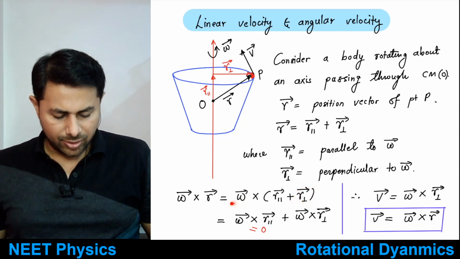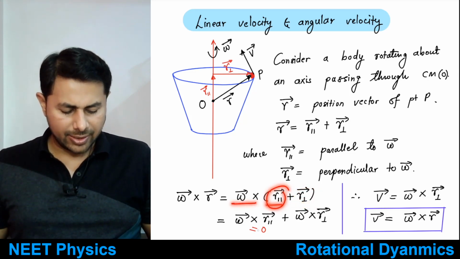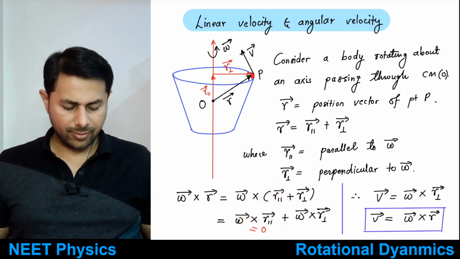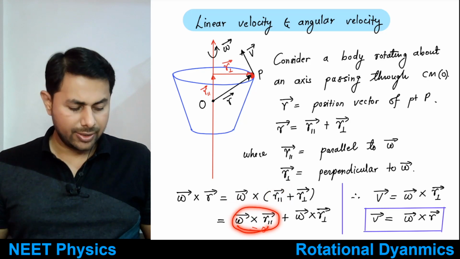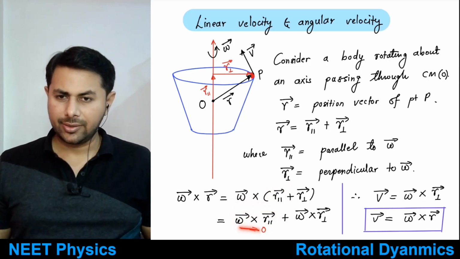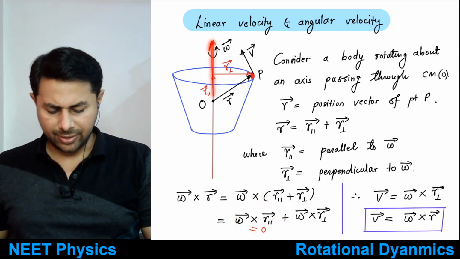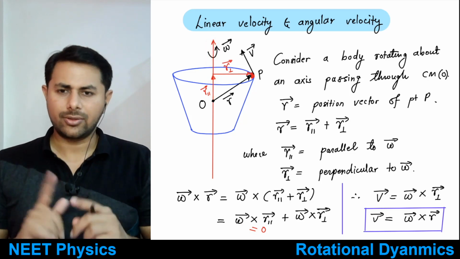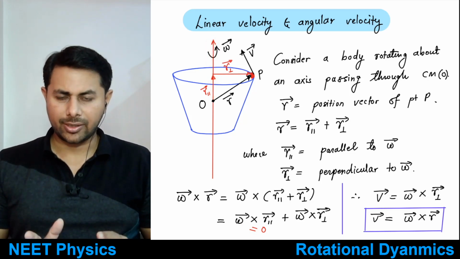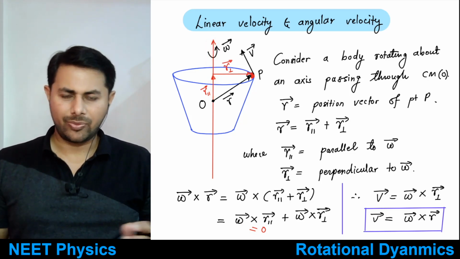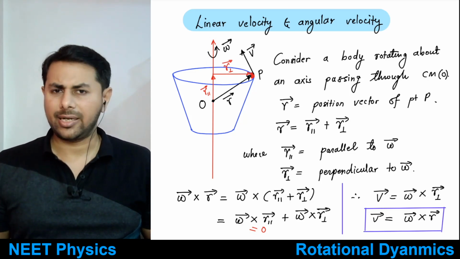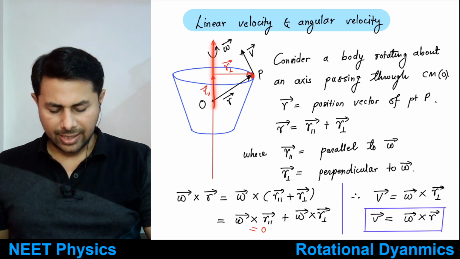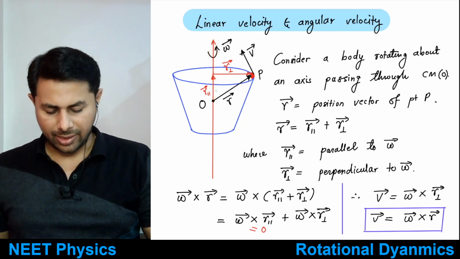Omega bar cross r parallel is equal to 0, because they are in the same direction, and the cross product, or vector product, has magnitude equal to the magnitude of the first vector times the magnitude of the second vector times the sine of the angle between the two. And what is the angle between omega and r parallel?